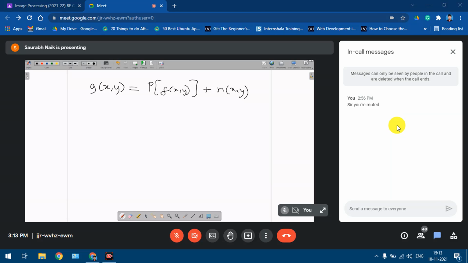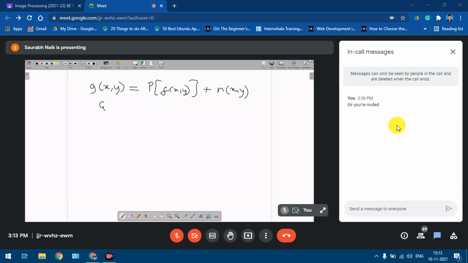In such a case, we write this in the frequency domain, because the process P on f of x comma y will be a convolution of f of x comma y with your degradation function.